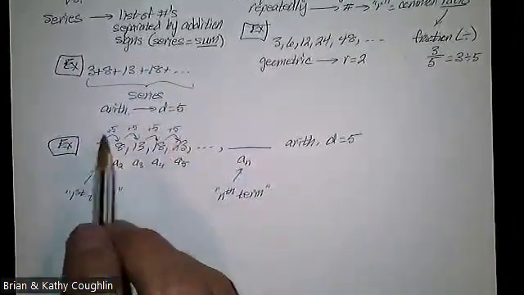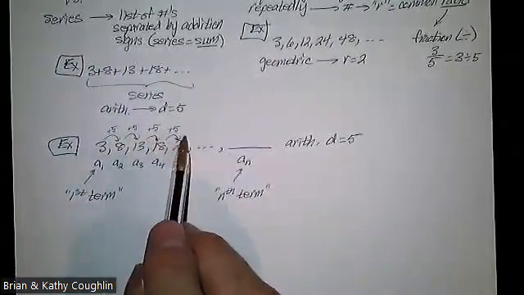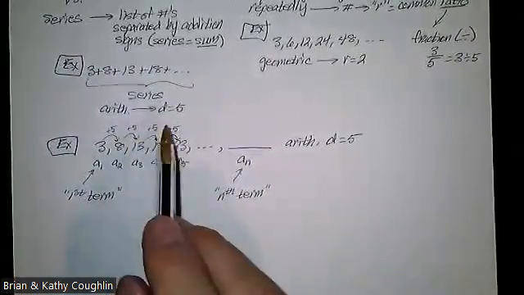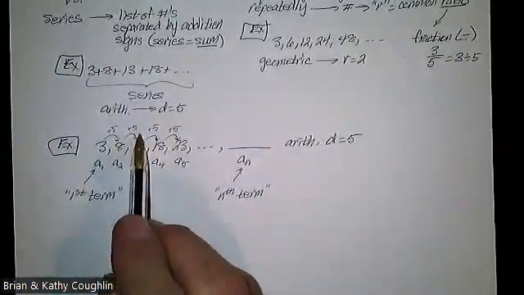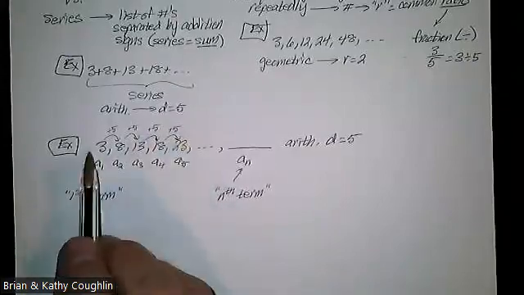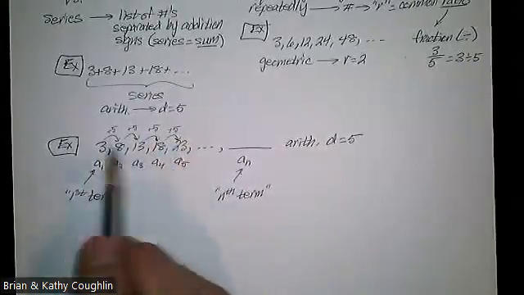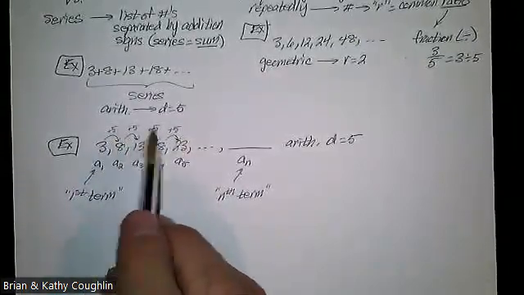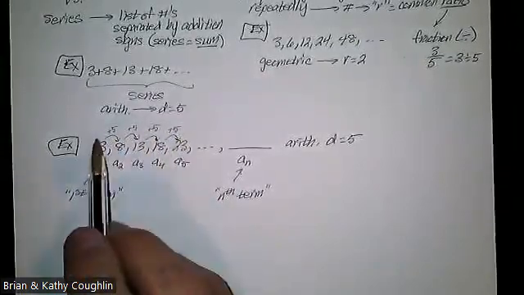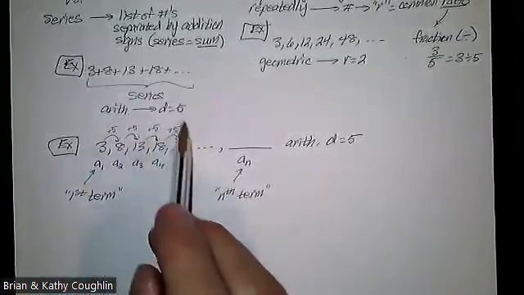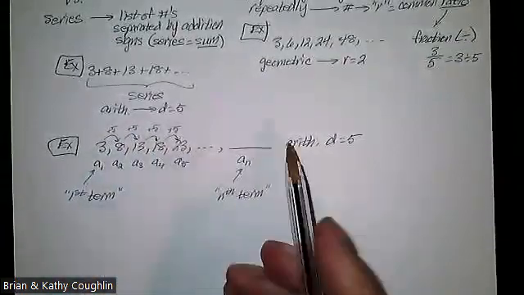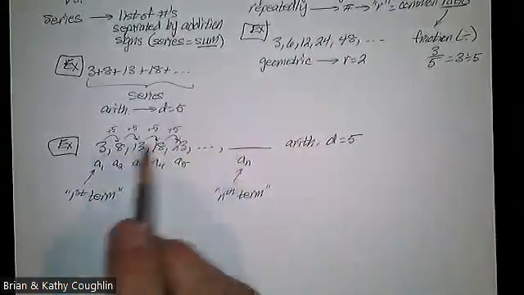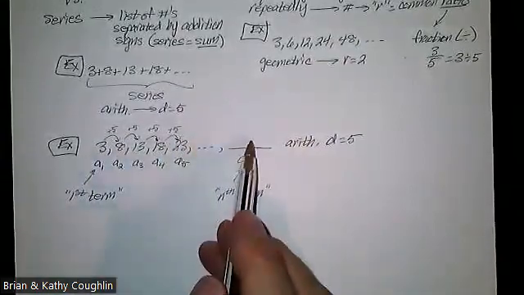Look how many jumps there are between. Not 5, there are 4. So the number of times you added 5 is not 5 times, it's 4. The number of terms is always 1 more than the number of jumps between them. Or flip it around, the number of jumps between them is always 1 less than the number of terms. Does that make sense? So if there are 10 terms, there would be 9 jumps in between them.